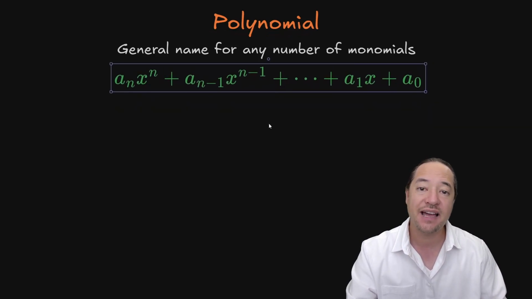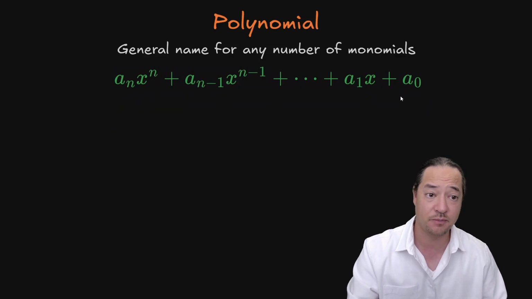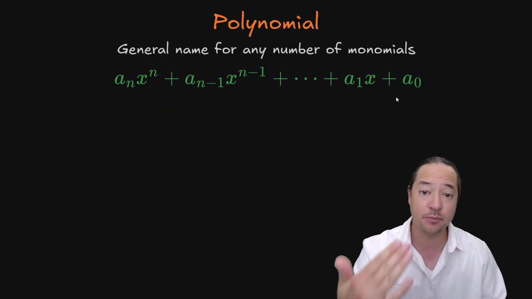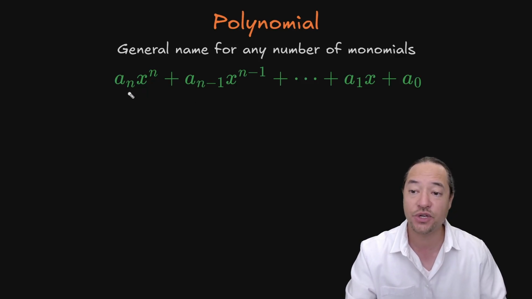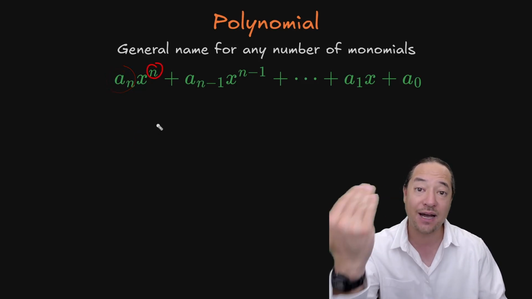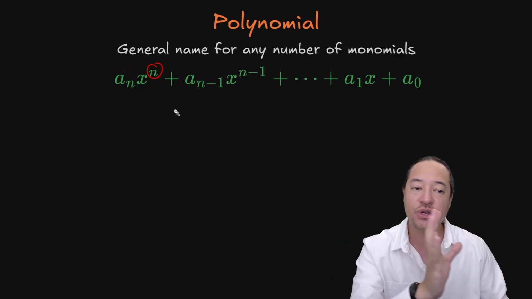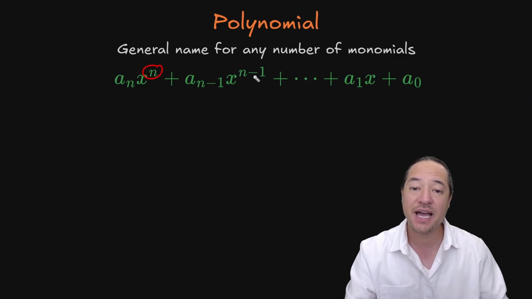In general, you can have any number of terms, and as they get bigger and bigger, it makes sense to write them down in this way, where you have an index for this constant, for this number, raised to some power here of n, and typically you're going to list them from the biggest power down smaller until you get x to the 1, and this is x to the 0.